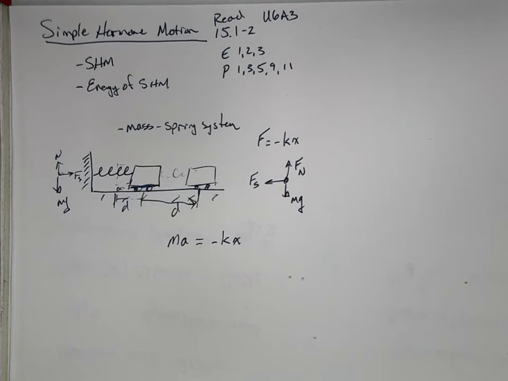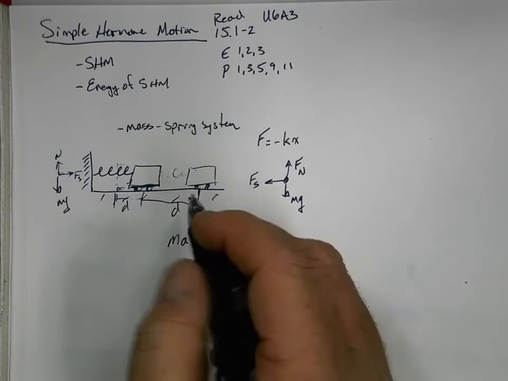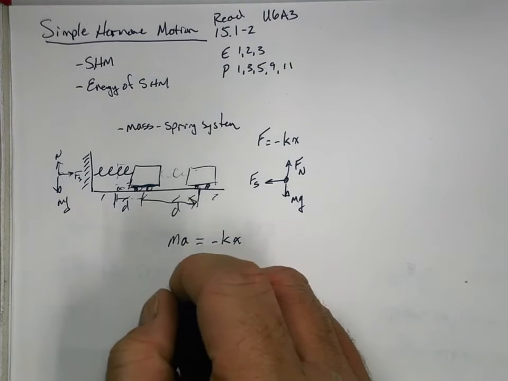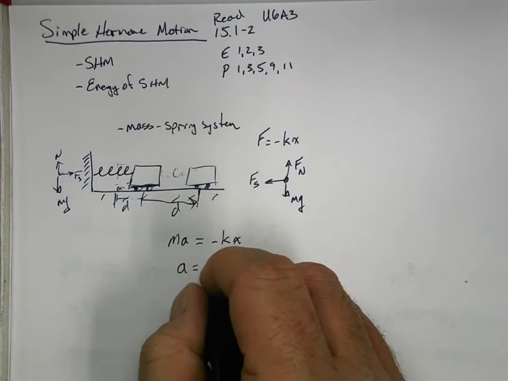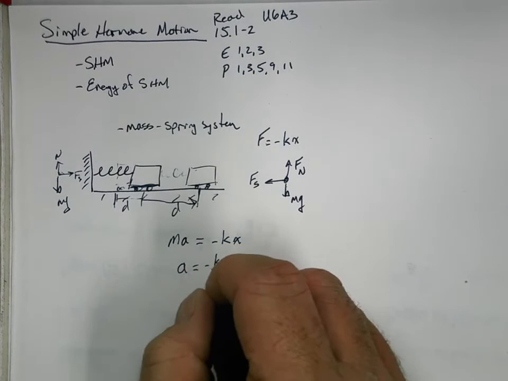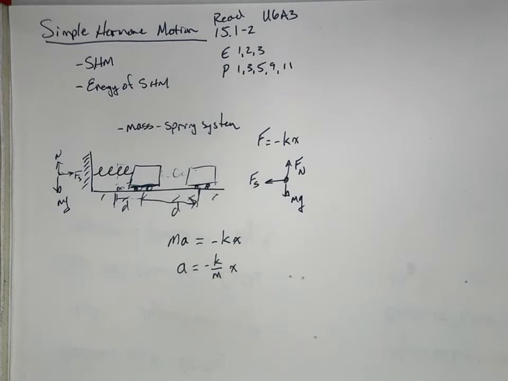Yeah? Good so far? Okay, we can explore this a little bit. Our acceleration would then be equal to our spring constant divided by our mass times our distance, with a negative sign.